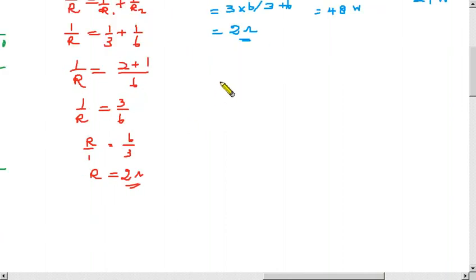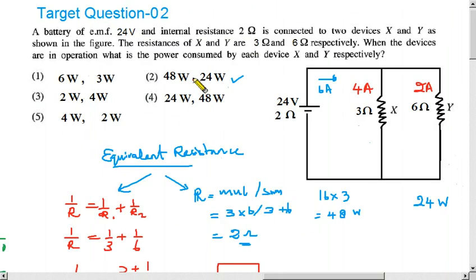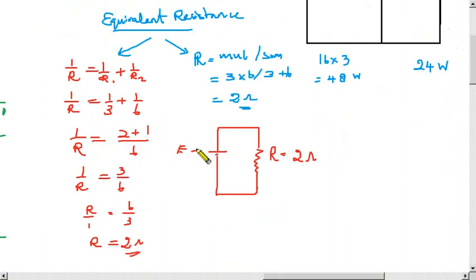So now we draw the equivalent circuit. Capital R equals 2 ohm, E equals 24, simple R equals 2.